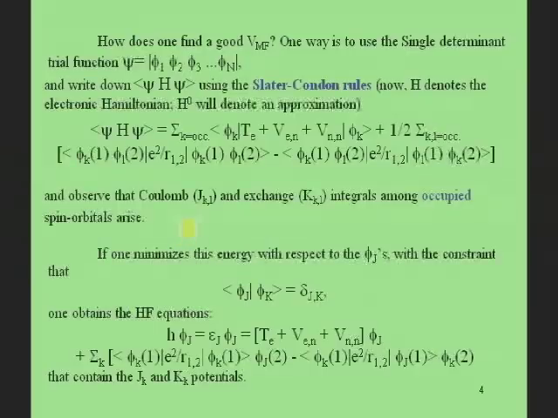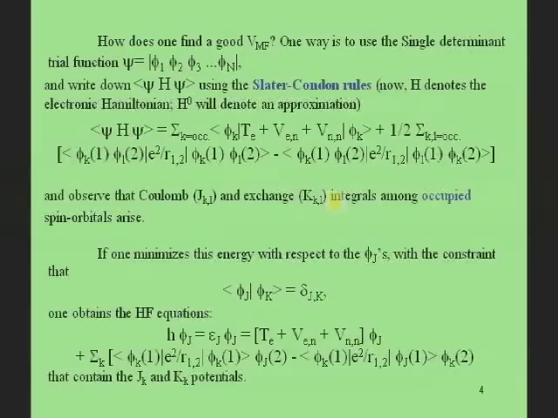So this is just the Slater-Condon rule applied to a single determinant with the particular case of the electronic Hamiltonian with its kinetic, electron nuclear Coulomb energy, and electron-electron repulsion energy, the e squared over R12 terms. And these e squared over R12 integrals that I'm pointing at here, we call the Coulomb integrals, and these that I'm pointing at here, we call the exchange integrals.